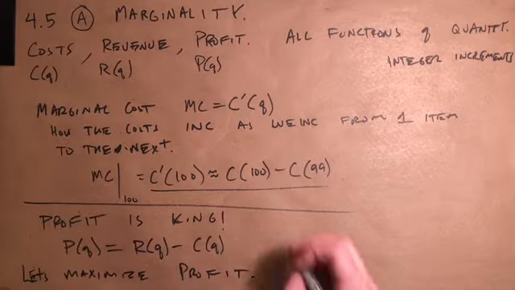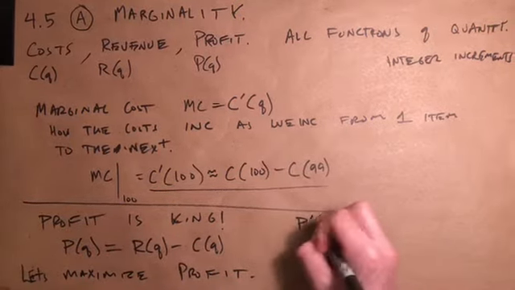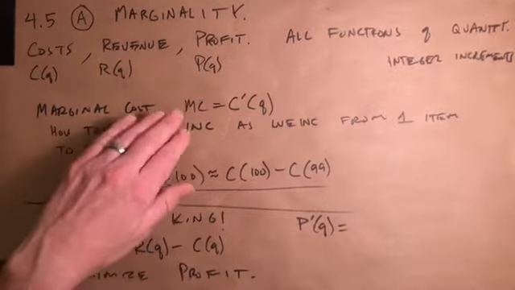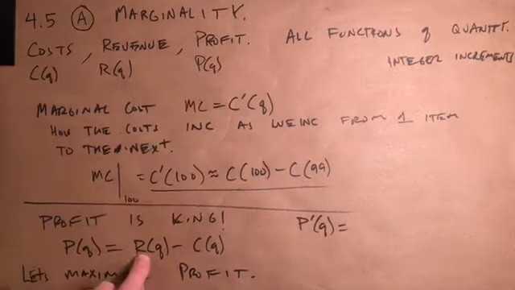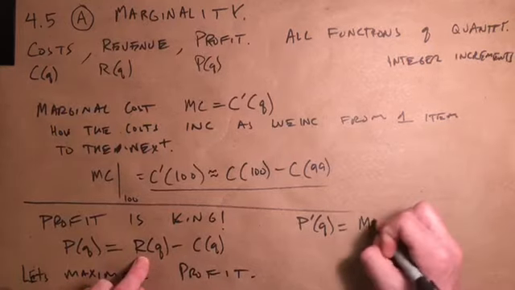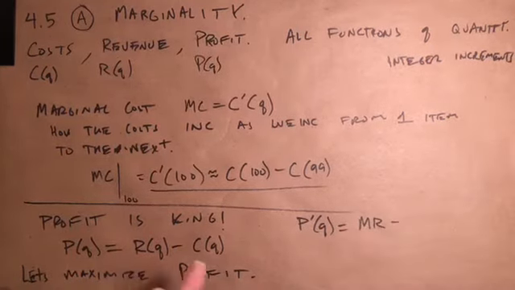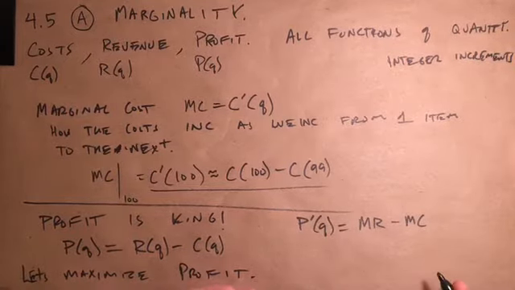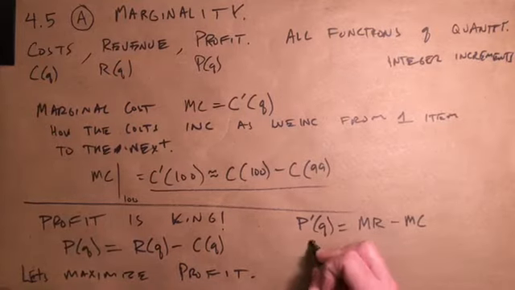And so I could say that P prime of Q is equal to, and now let's use our language with marginal, not the derivative of C, the marginal revenue minus the marginal cost, yes? Now, we took our derivative. How do I find my critical point? Well, I'm going to set it equal to 0.